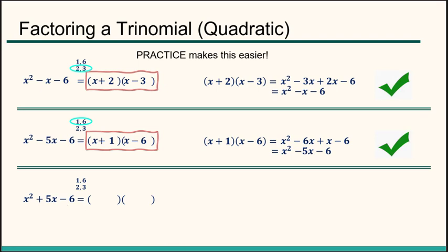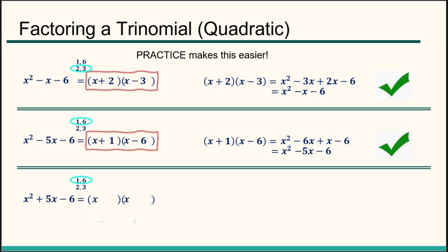I need somebody that's going to make me a 5. I know it's going to be this 1 and 6, and the 6 is going to have the plus. That way, when I add, I'll have a negative x and a plus 6x, and that'll give me a plus 5. That's what I'm guessing it's going to be.